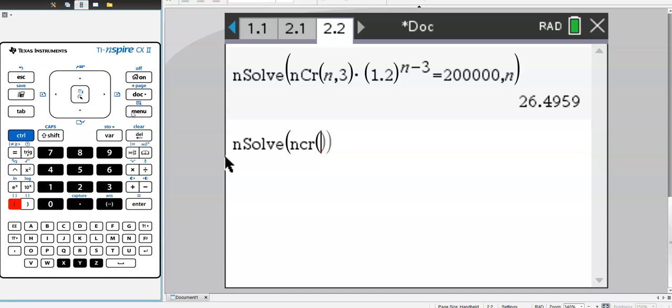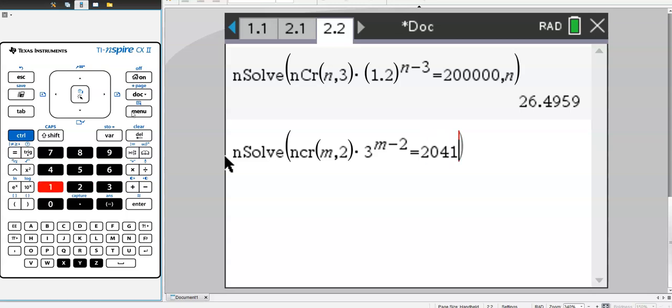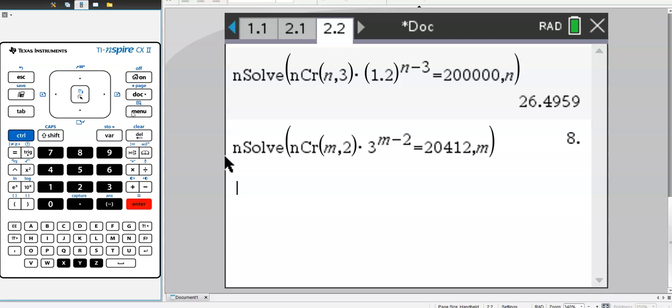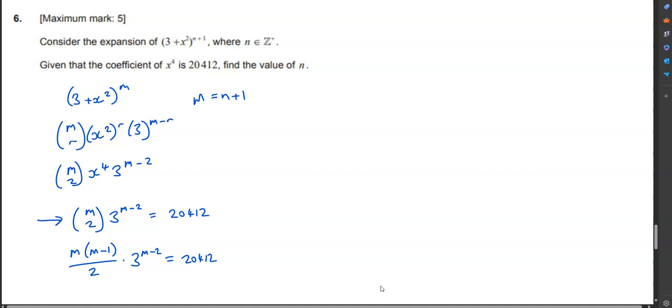I have to do the same thing, nCr, m comma 2 times 3 to the m minus 2 equals 20412. Solving that for m, we have 8. So we have m equals 8. So 8 equals n plus 1. n equals 7. That's everything. Hope you've enjoyed this collection of increasingly difficult binomial questions.